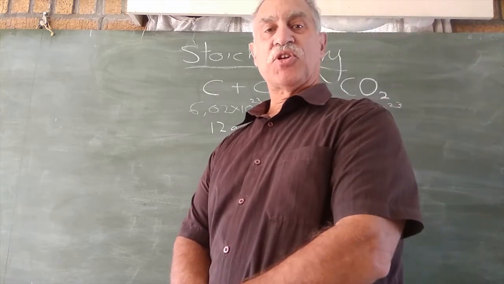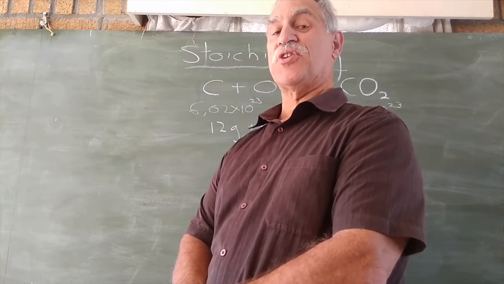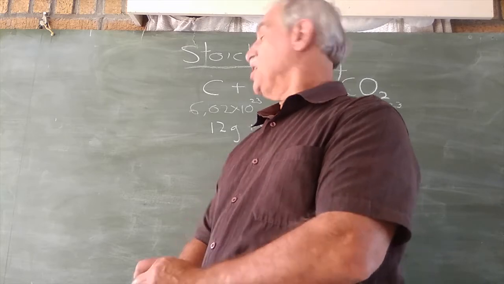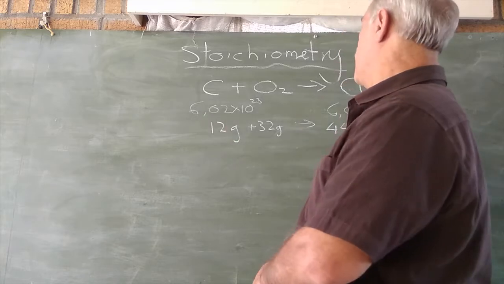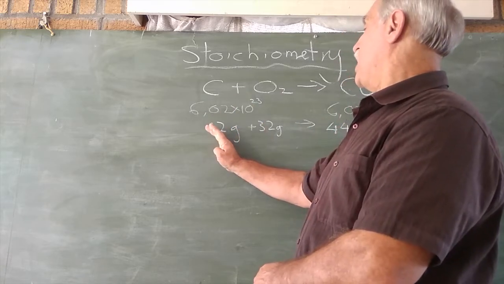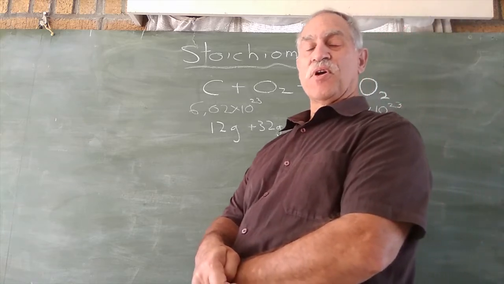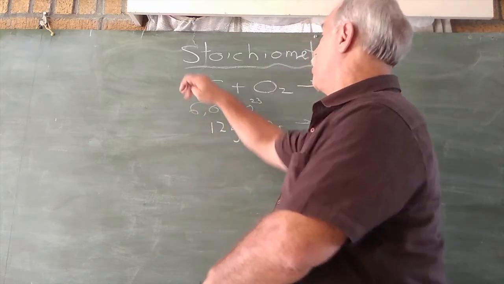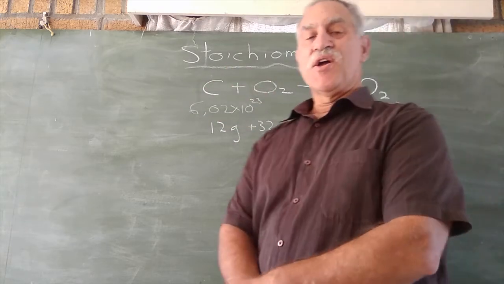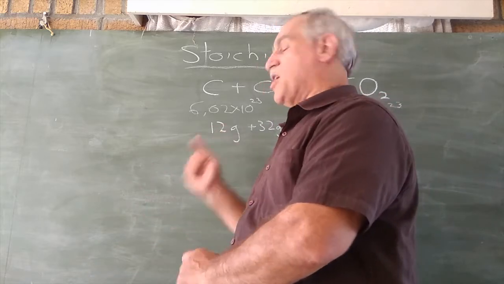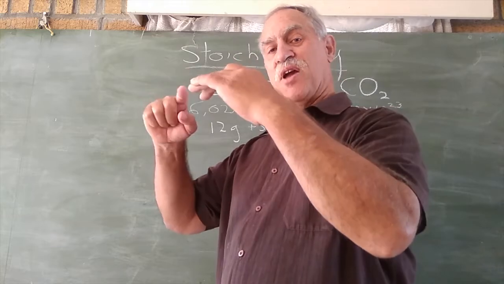So see already how useful this is. If we know that the atomic mass is equal to 6,02 times 10 to the 23, and we know the ratio is 1:1, then we know 12 grams of carbon will produce 44 grams of CO2, but it will also produce what we call 1 mole of CO2. So 12 grams represents what we call 1 mole, and 1 mole is the atomic mass expressed in grams.